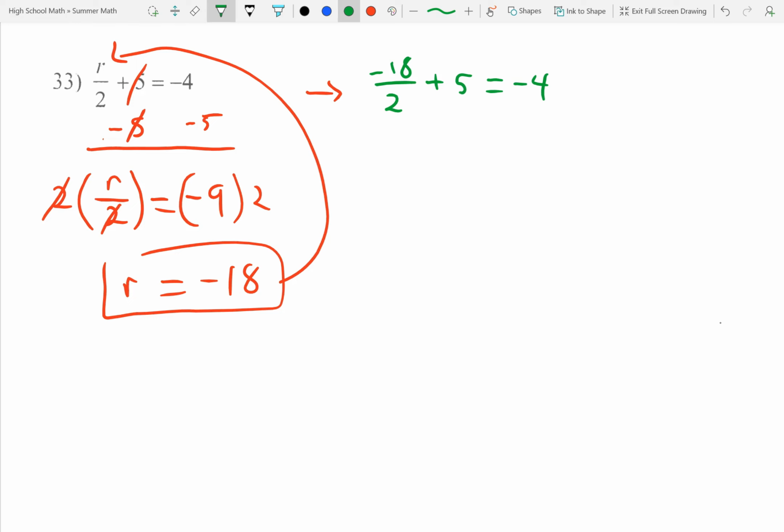Well, negative 18 divided by 2 is a negative 9 plus 5. Is that negative 4? That's our question. Is this a true statement? Negative 9 plus 5, it is negative 4. This statement is true. So that tells us r equals negative 18 is a solution.